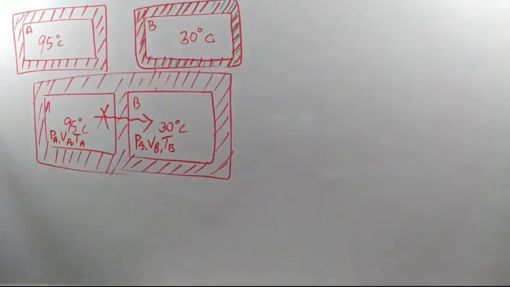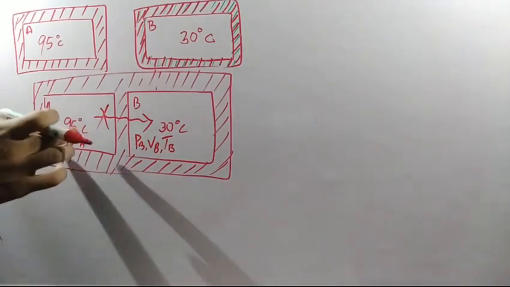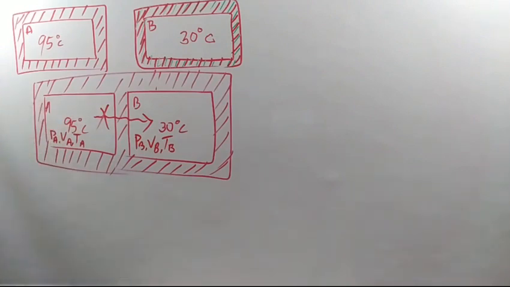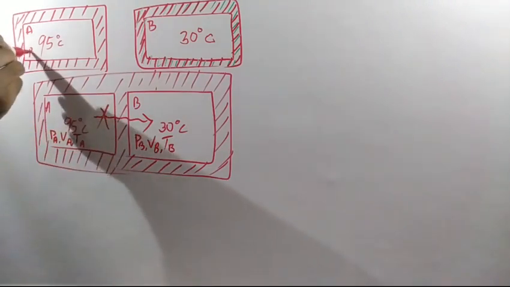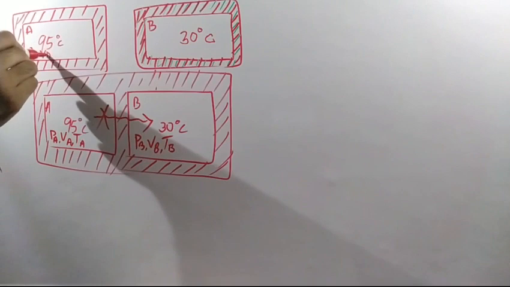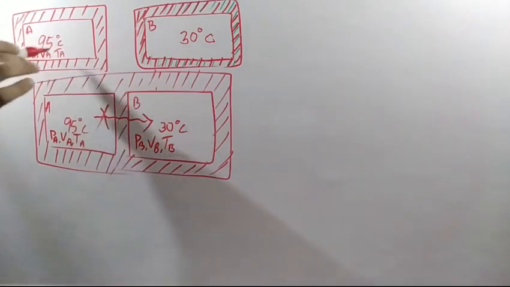Thermal equilibrium can be attained if the system is not changing its thermodynamical variables. If I am talking about only system A, initially the condition is PA, VA, TA: pressure, volume, temperature.